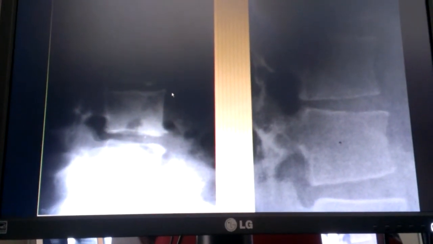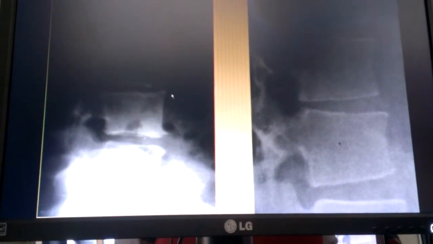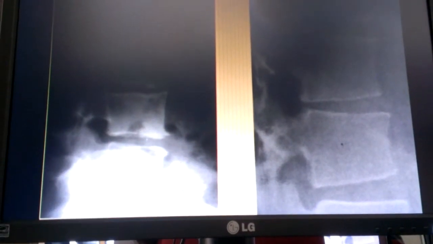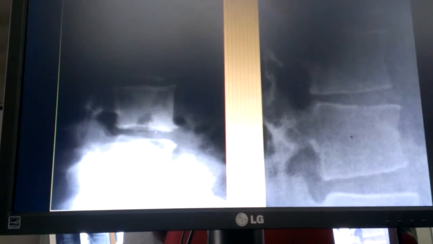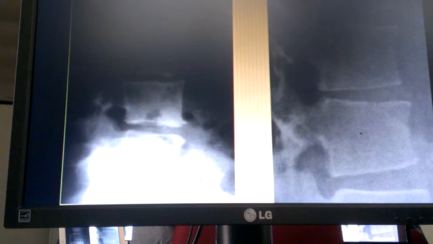This is kind of interesting. I keep looking at this slide, and I would like to say that this is a disc lesion, but I don't know that I can. So be very careful. I don't see enough evidence to make that a disc lesion, but I could be wrong. If I had an MR, maybe I'm 100% wrong about that. But it looks fairly normal for the most part compared to the other side.